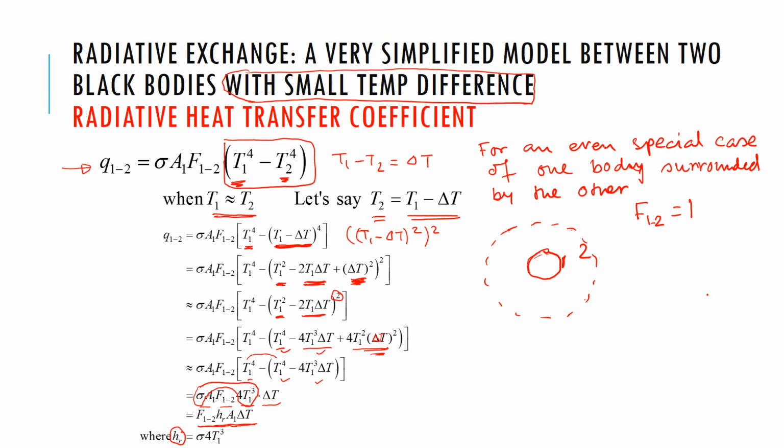So for this case, our formula that we derived is Q1 to 2 is equal to HR A1 delta T. So this is for radiation.